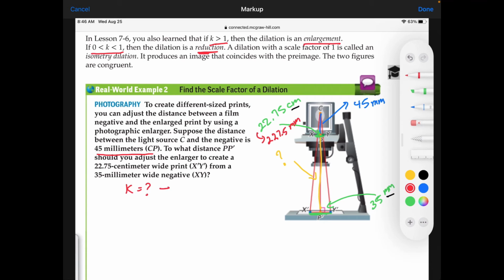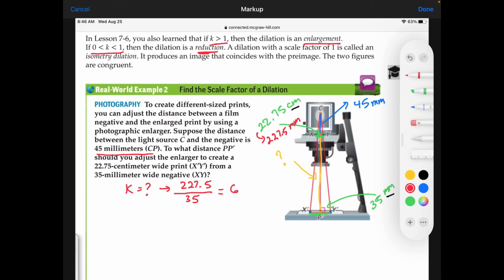So what's going to be my scale factor? To find my scale factor, I'm going to see from where to where did we go. So I'm going to write it as a fraction. I'm going to put 227.5 over 35. To find the scale factor, you divide the two numbers given.